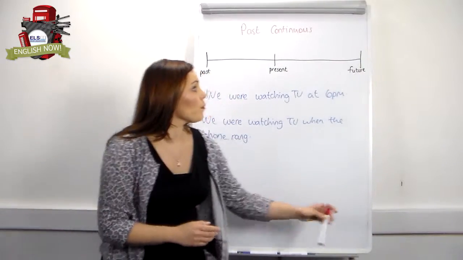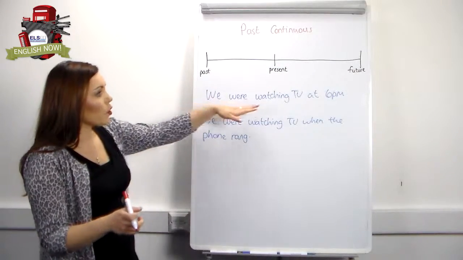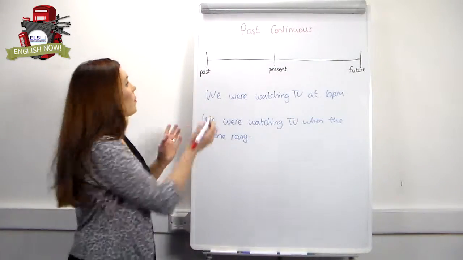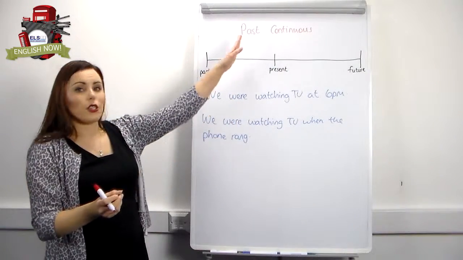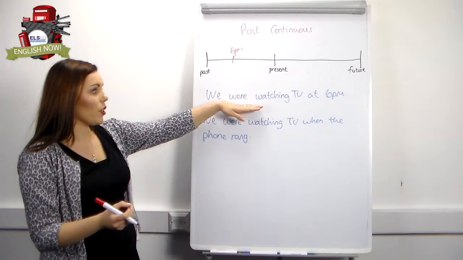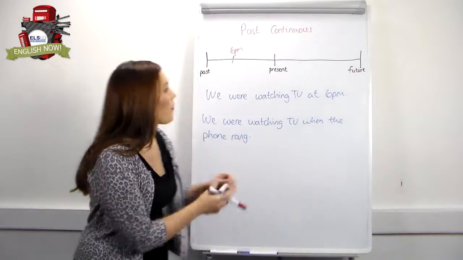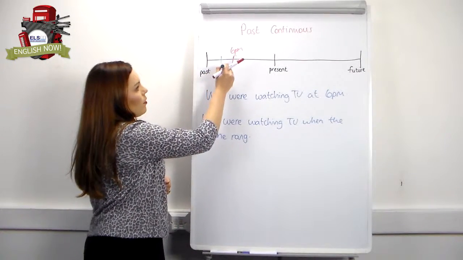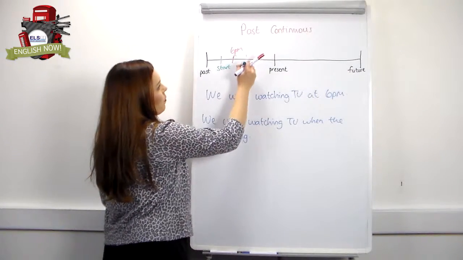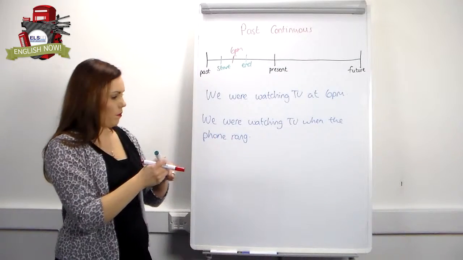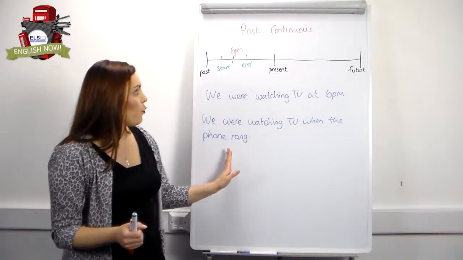So let's have a look at where they would fit onto our timeline. We were watching TV at 6 p.m. If this arrow shows 6 p.m., this action started before 6 p.m. and finished after 6 p.m. This one here, we were watching TV when the phone rang.